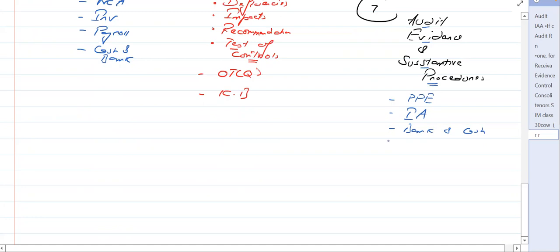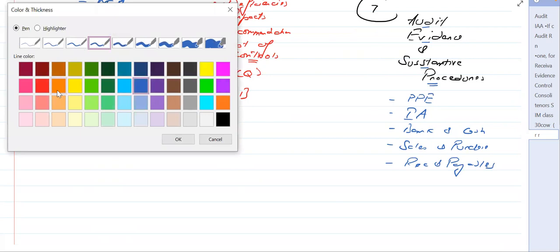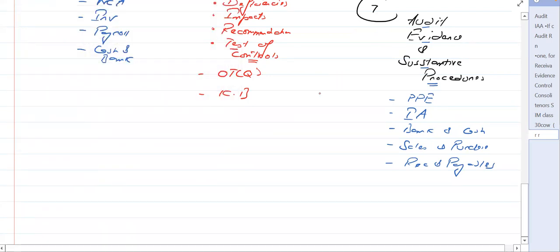So property, plant, and equipment, sales and purchases, receivables and payables. So this is something very important. So you are going to understand, you're going to learn how to make the substantive procedures, the audit procedures relevant to the financial statements. So usually we have the constructed response question from this area.